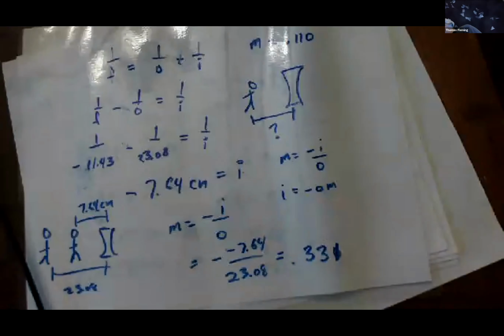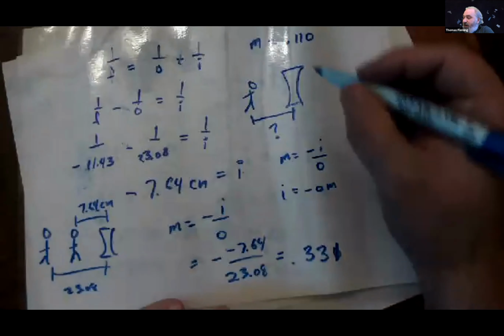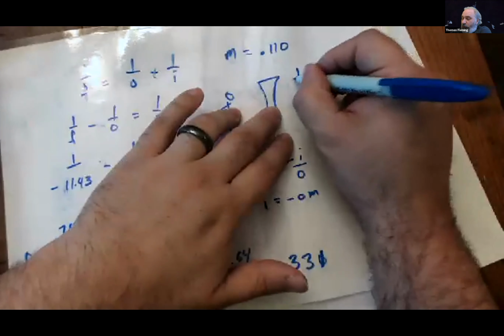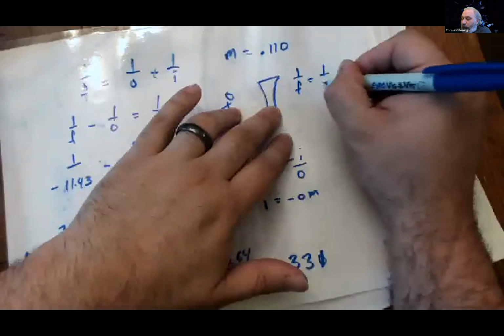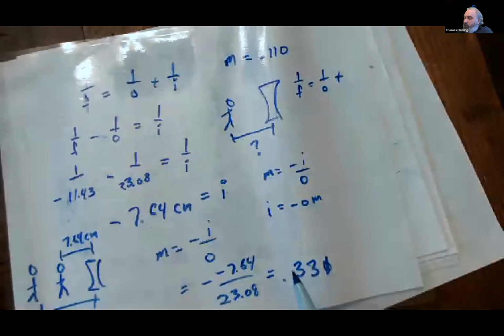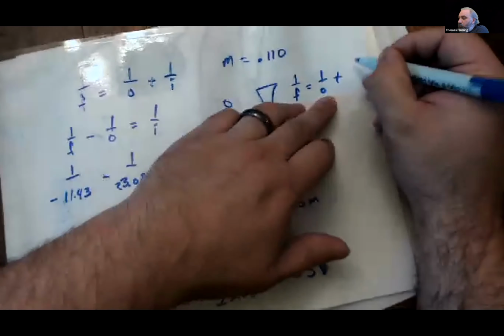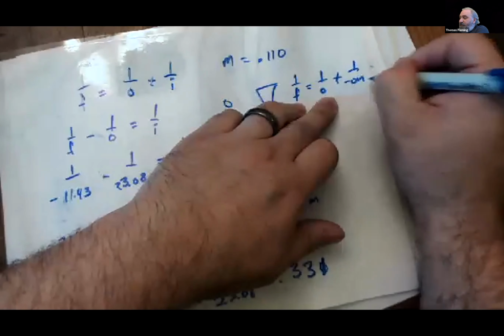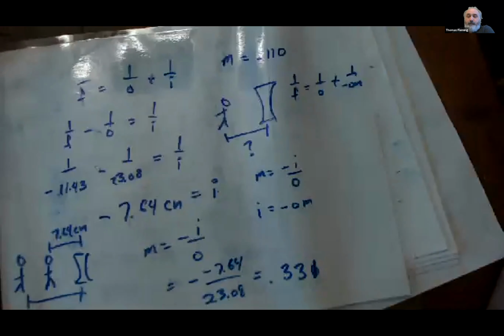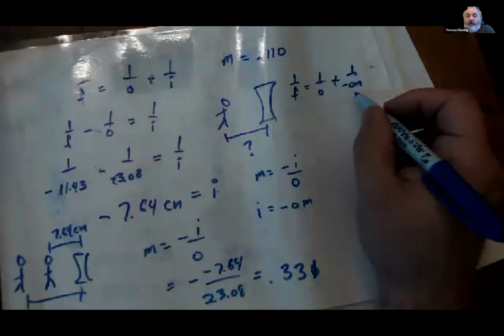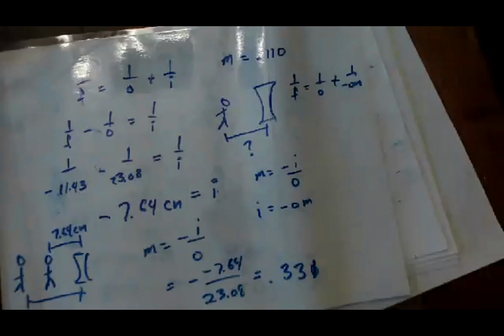Now, once I've got that, I can go back to my thin lens equation and say that 1 over F equals 1 over O plus 1 over I, which is 1 over negative O times M. And the only variable in there that I don't know is O. So how do I solve for O? Well, the thing I'm trying to get by itself is O, right?